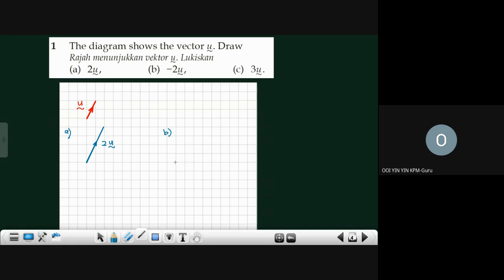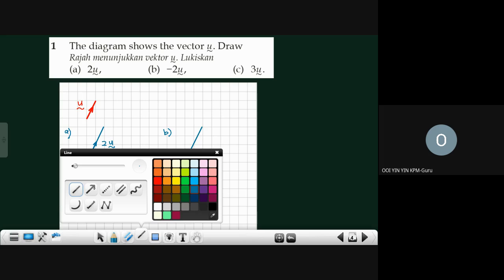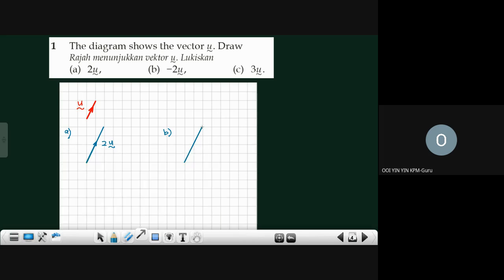Okay, again, we draw this unit. This one is 1 unit U, 2 units U here. Okay, but now is my arrow. My arrow will be in the opposite direction. That means it should come from here to here.